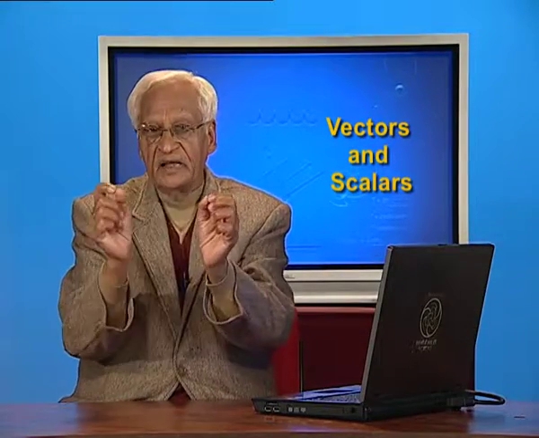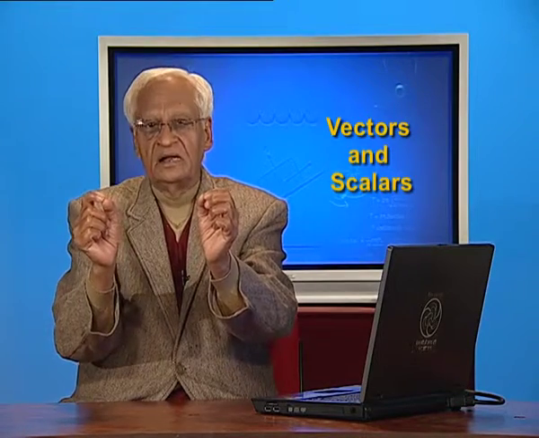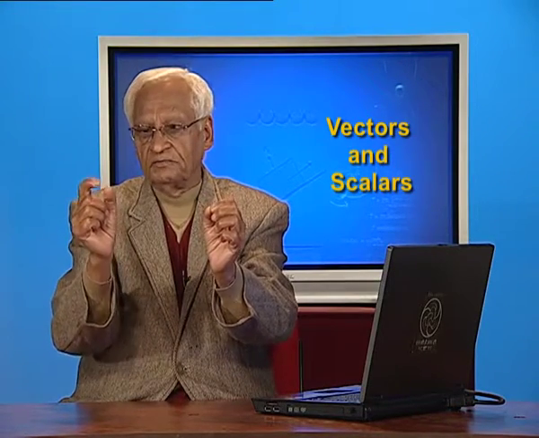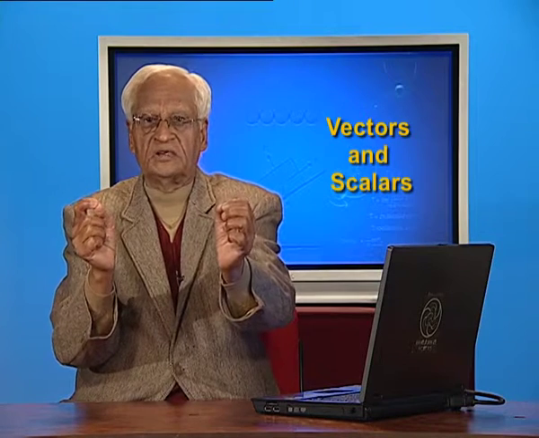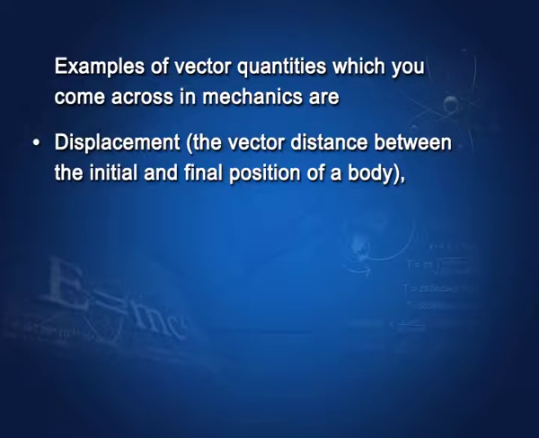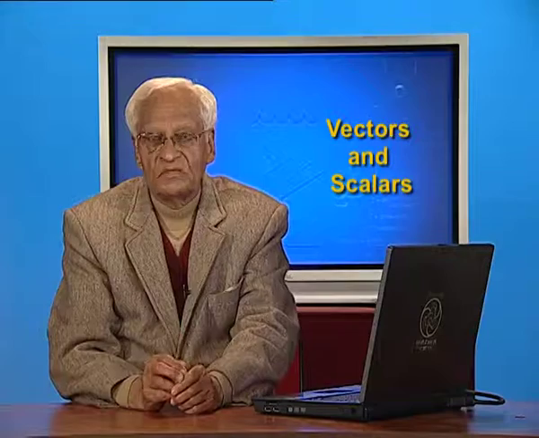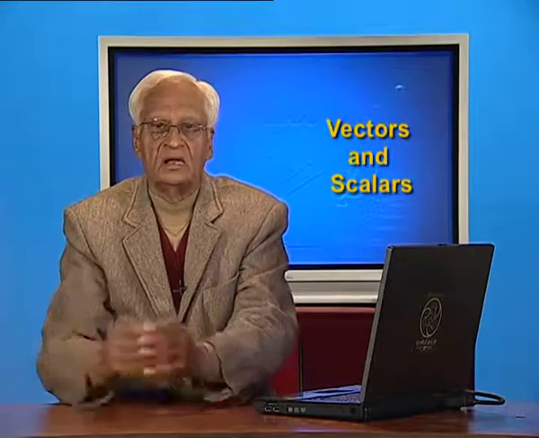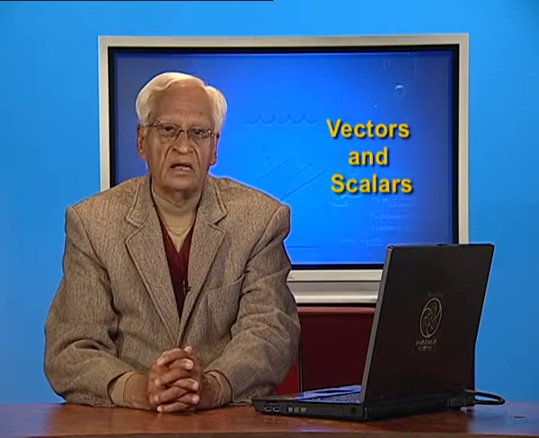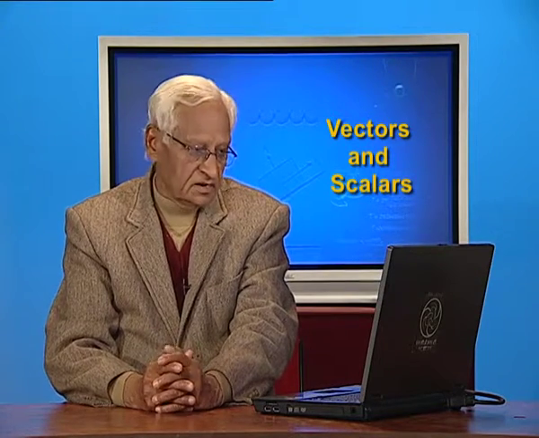The displacement is simply the difference of positions, position B minus position A. Displacement is a vector, as we shall see later on also. Velocity, we have to give the direction in which the body is moving, and therefore, velocity is a vector.